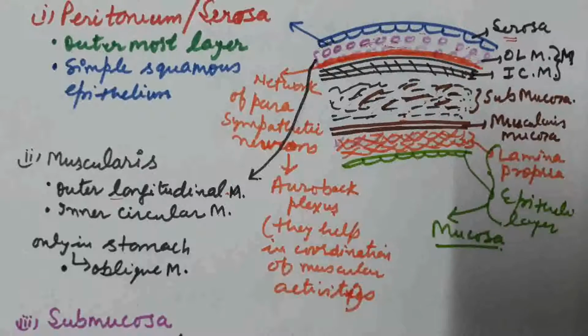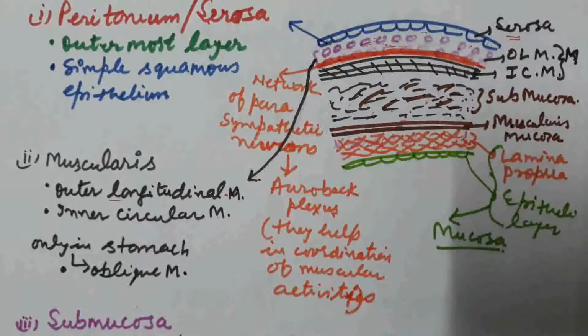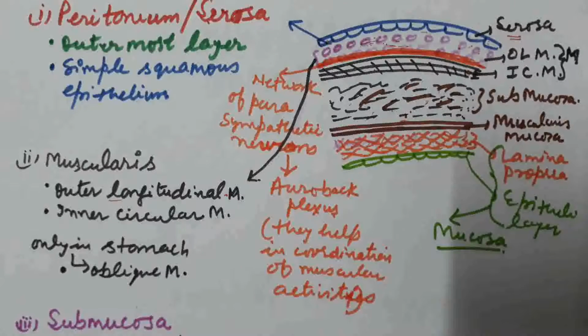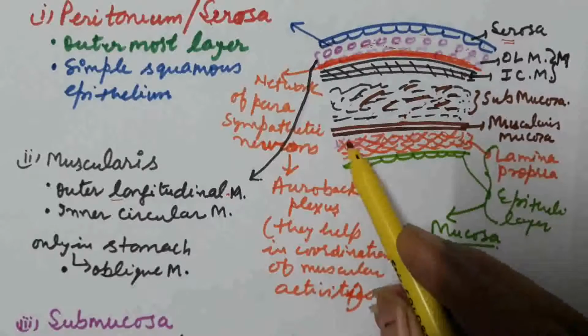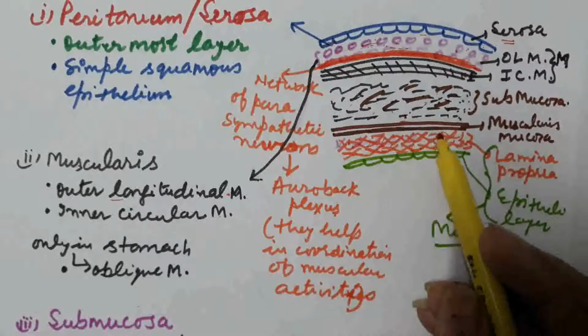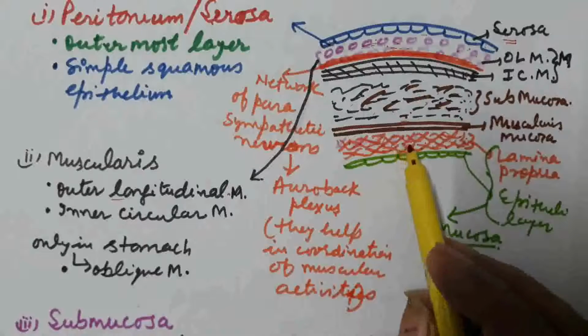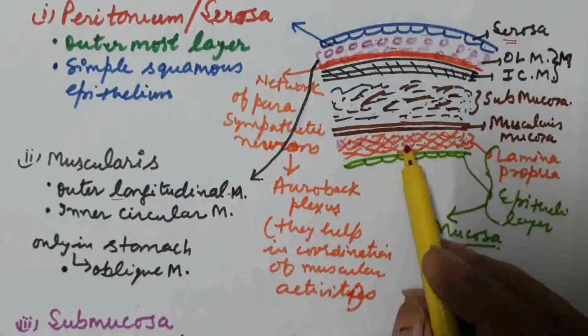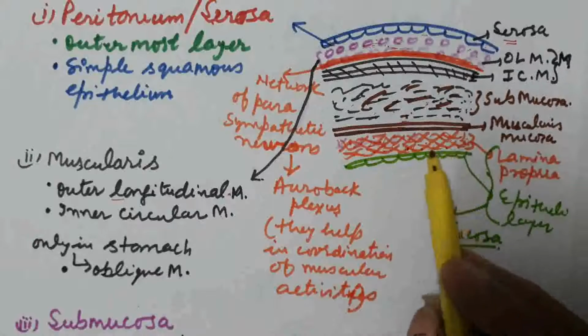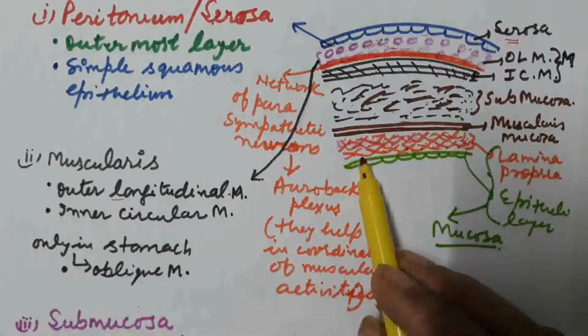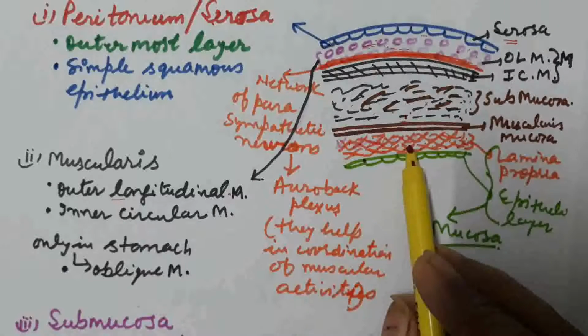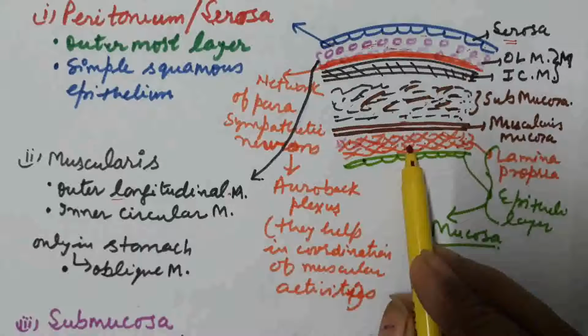The fourth layer is mucosa. This one is known as the mucosa layer. It is the innermost layer. 3 layers constitute the mucosa layer.